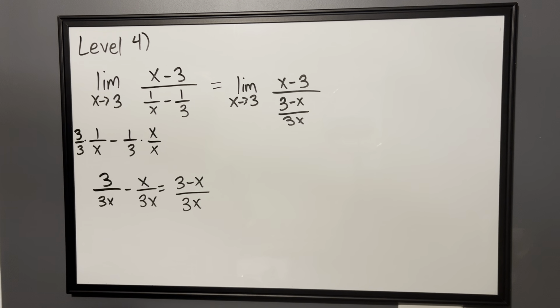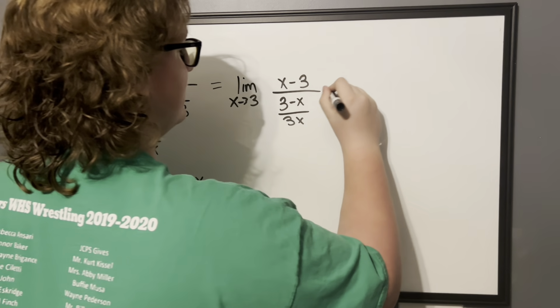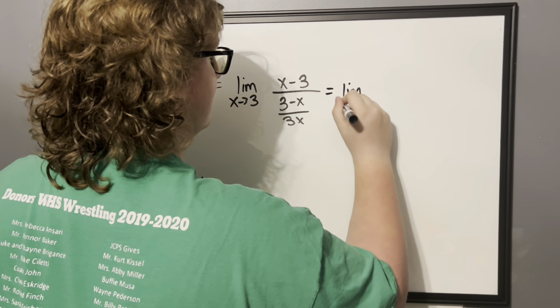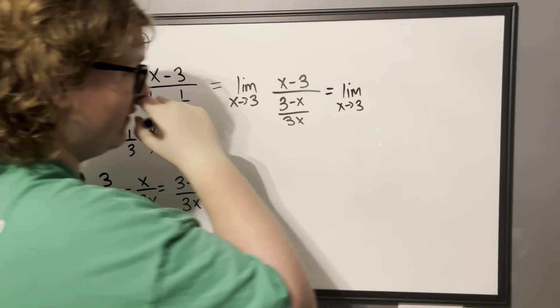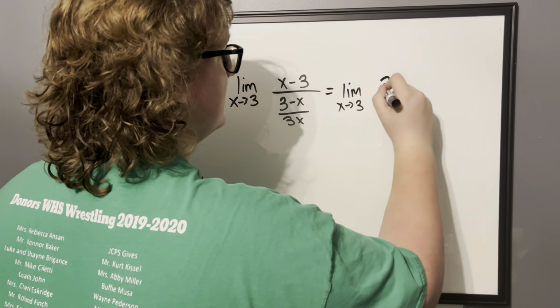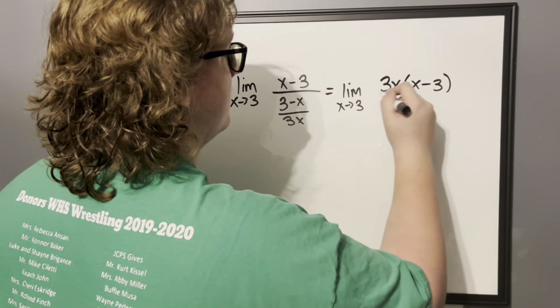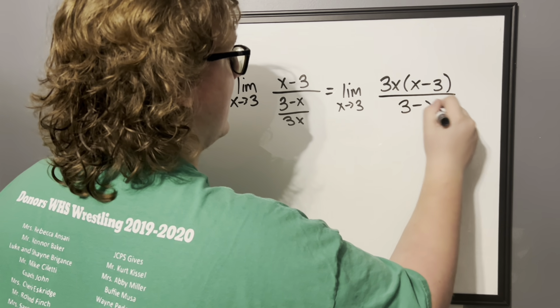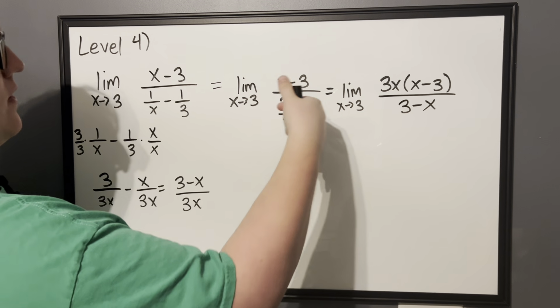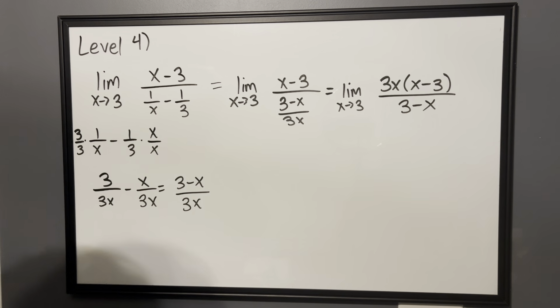So when we divide by a fraction, we know we can flip and multiply this fraction. So this is actually the same thing as the limit as x goes to 3 of 3x times x minus 3 over 3 minus x. All I did was flip this fraction and multiply it with the x minus 3, and that's what we're getting.